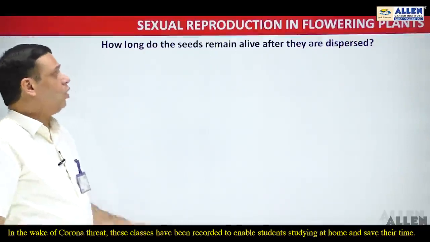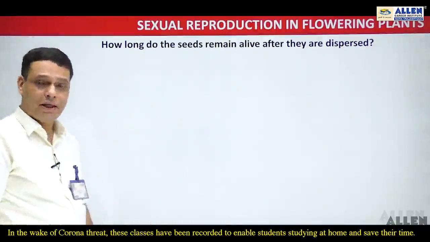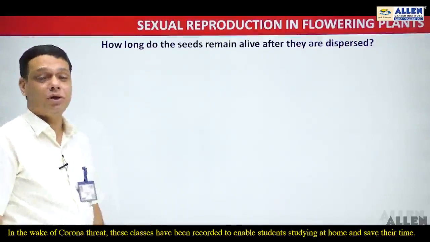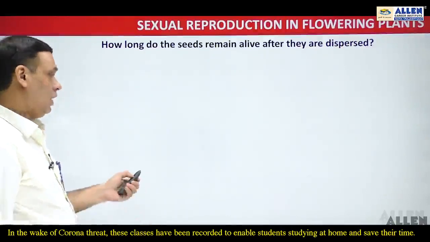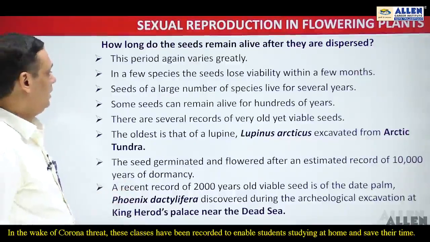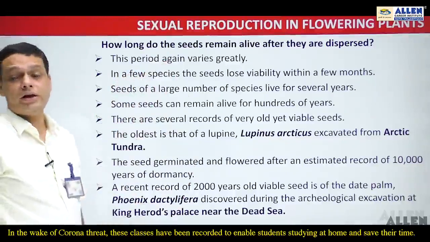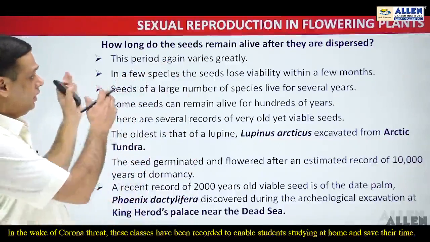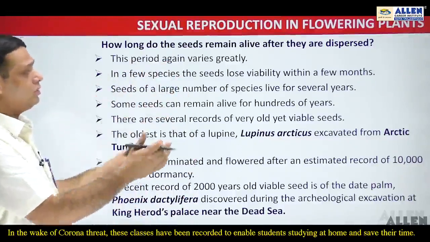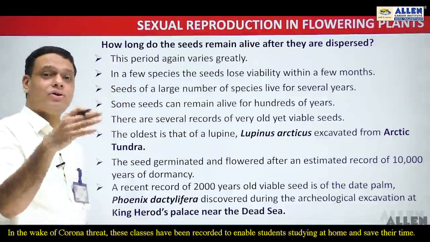Now, how long do the seeds remain alive after they are dispersed? The answer is here. The period varies greatly, meaning how much time they remain alive after their dispersal.